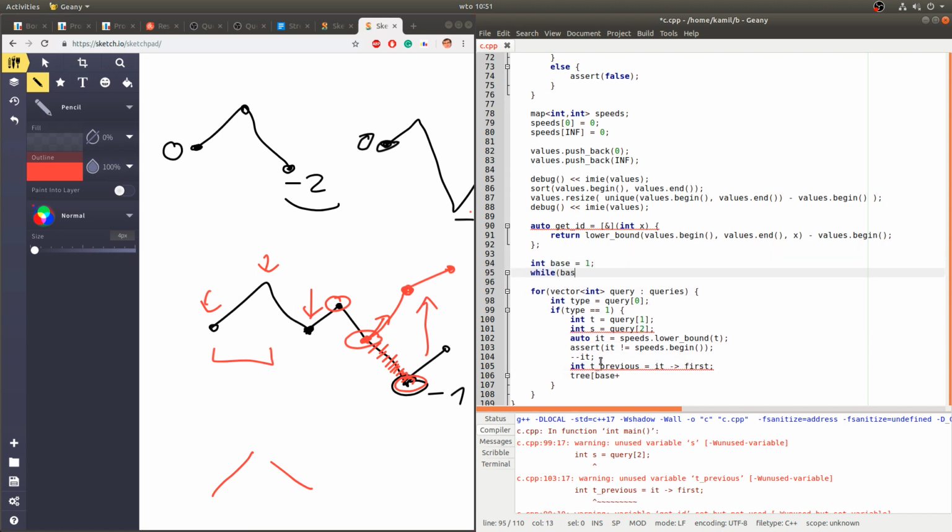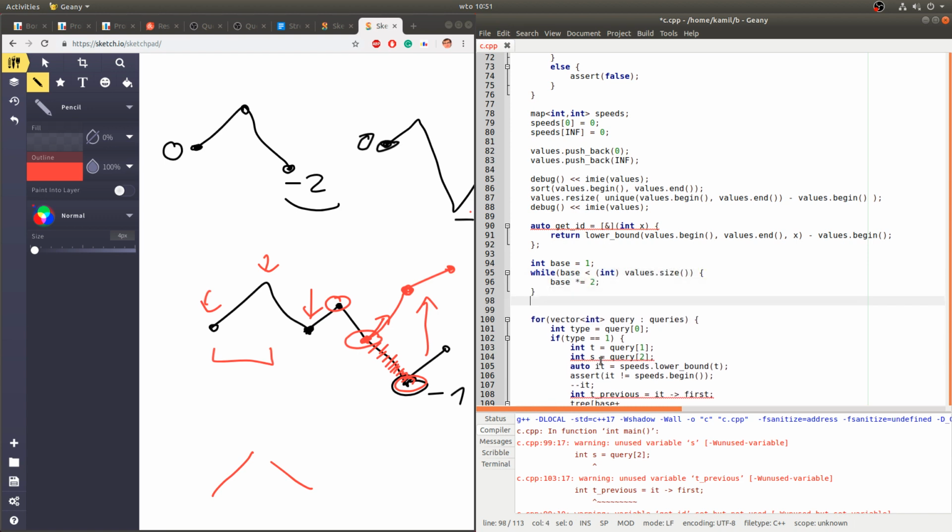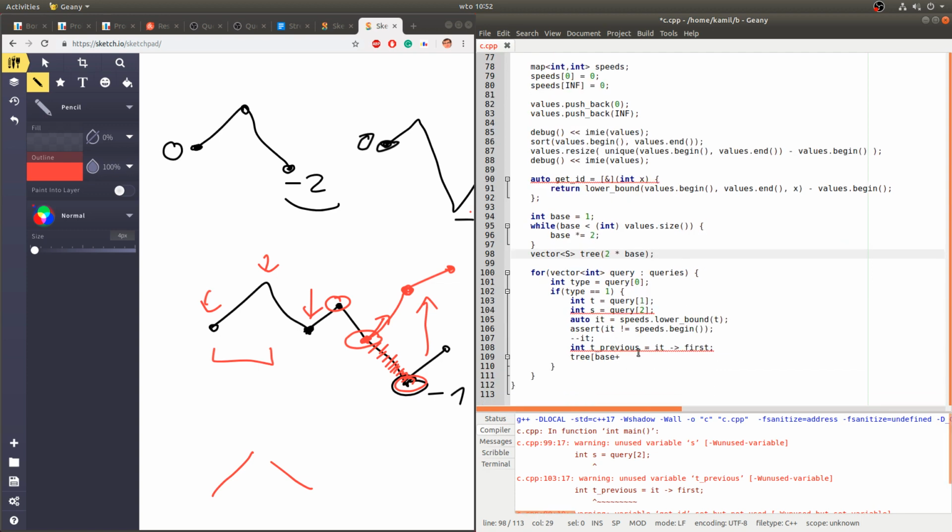Base is 1, while base smaller than values size base times equal 2, and this is now a power of 2. And this will be tree of size 2 times base. Base plus get ID of the previous. This will be that ID leaf is base plus get ID of the previous.